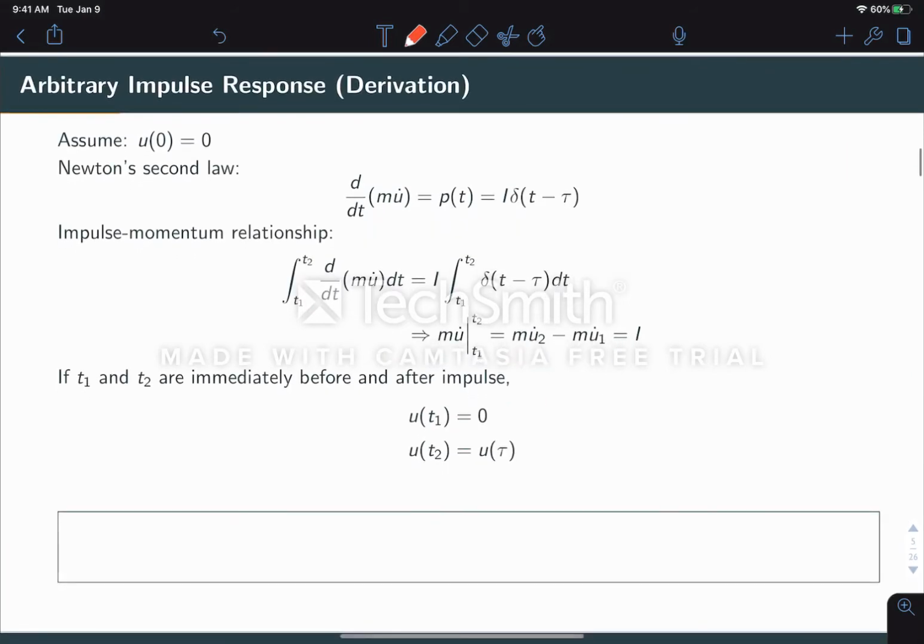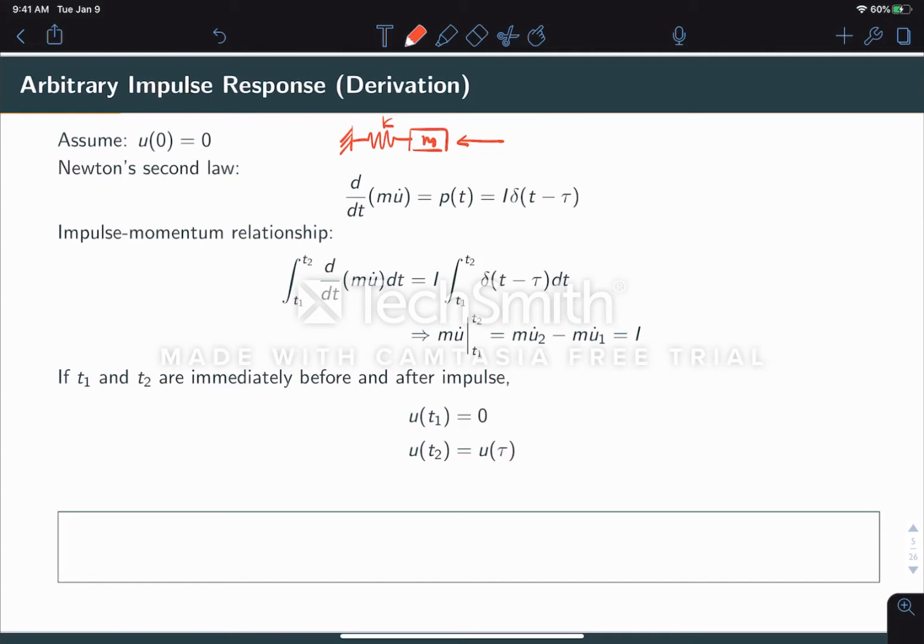Now let's apply the Dirac delta function to derive a very useful property of dynamic systems, which is the impulse response. Okay, so let's start by assuming that we have, again, our typical mass spring damper system, and we're going to be applying a load that is an impulse load.